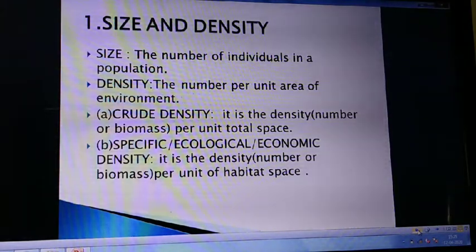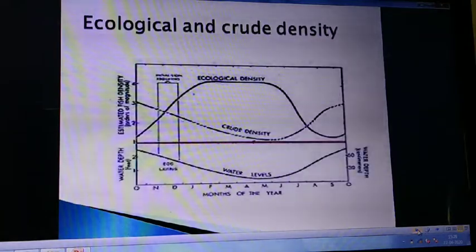In an earlier class I have told you about the habitat niche, that is the spatial niche, the trophic niche, and the hypervolume or multi-level niche. So that particular microenvironment where the species is surviving includes its specific or ecological or economic density.